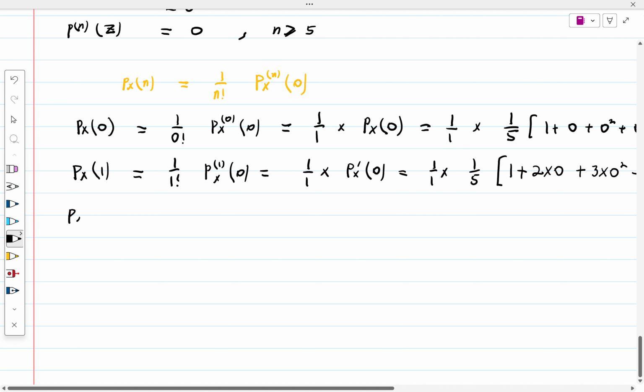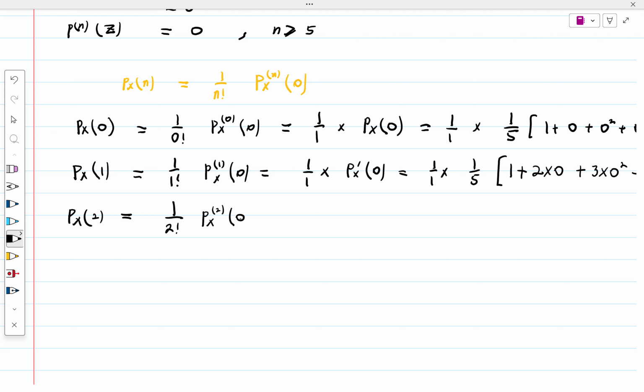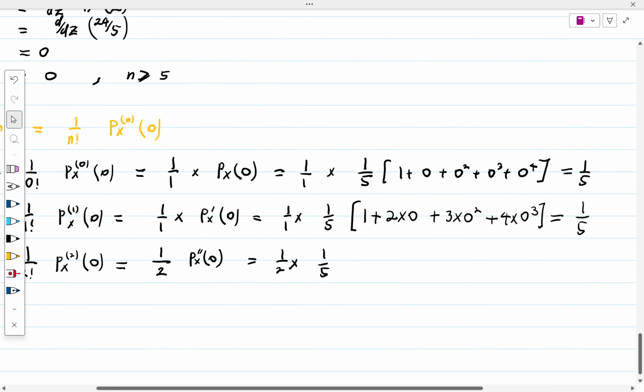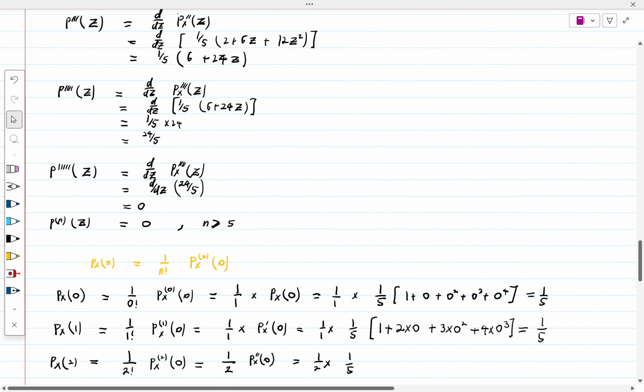The next probability is the probability of X equaling 2, which is 1 on 2 factorial times the second derivative evaluated at 0. Now 2 factorial is simply equal to 2. I'm going to rewrite the second derivative with double prime at 0, which is equal to 1 on 2 times 1 on 5. We had our expression above.